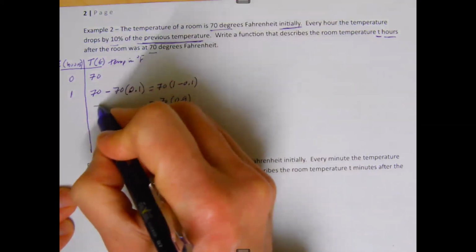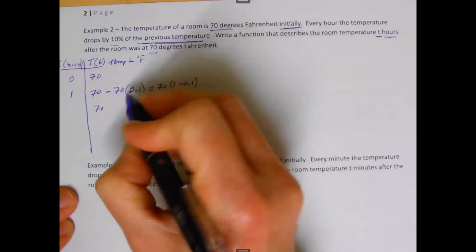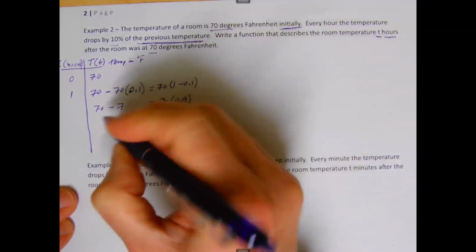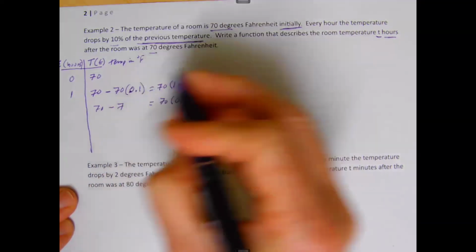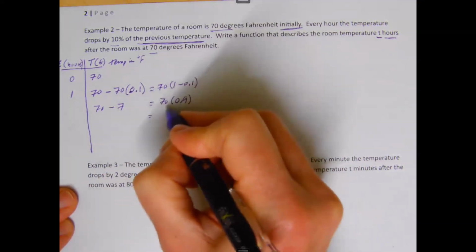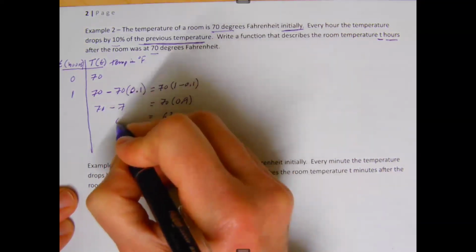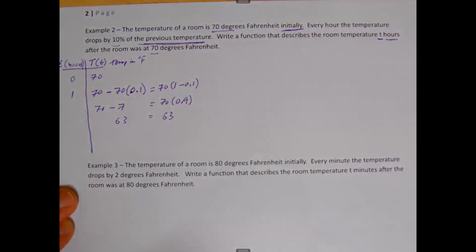If I were to do it without this, 10% of 70 is 7. And when I subtract, 70 minus 7 is 63. So the temperature dropped down to 63 degrees.